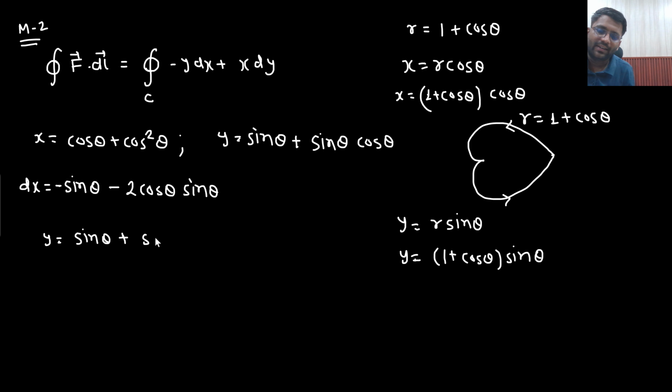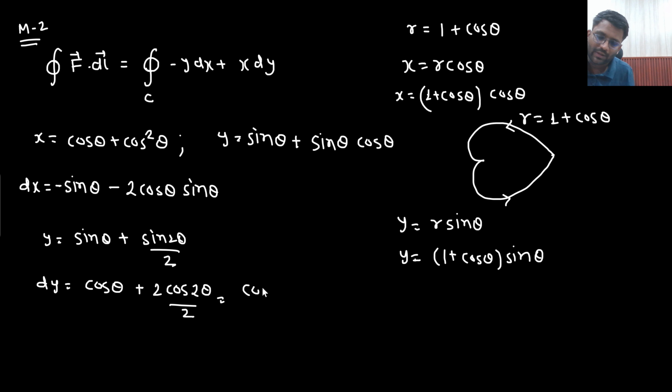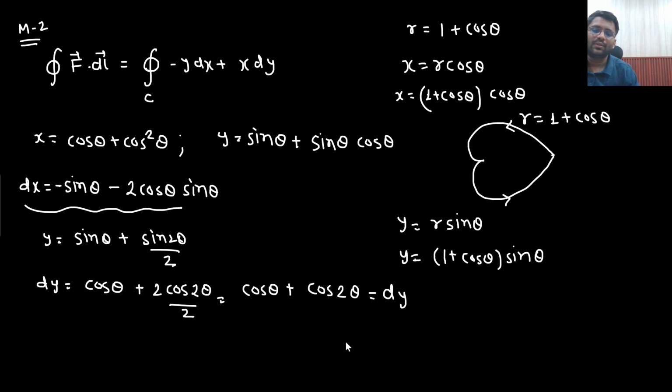So what will be your dy? dy will be cos theta plus 2 cos 2 theta divided by 2, so cos theta plus cos 2 theta. This is your dx and this is your dy.